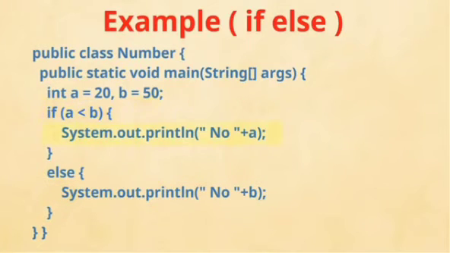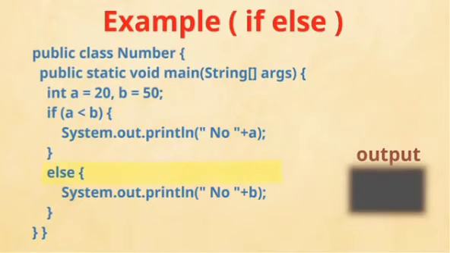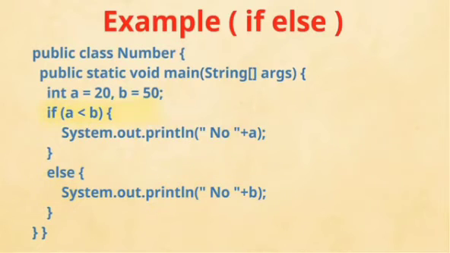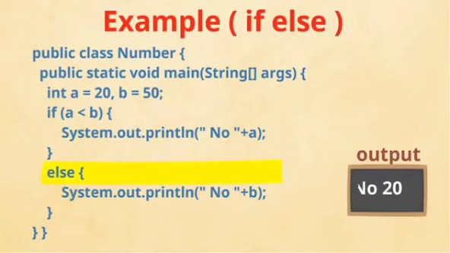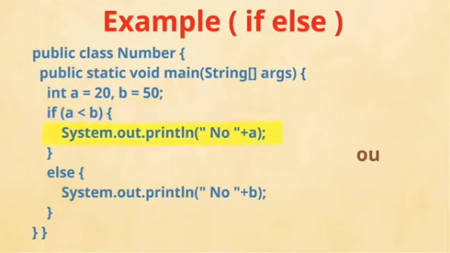If the condition is false, the output is b. Here the condition is true, so the answer is the number is equal to a. This is the if-else statement. If the condition is true, the if statement works, otherwise the else statement works.